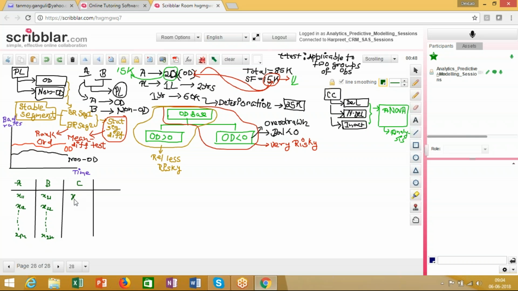So similarly, what we have over here is x31, x32, x3n.